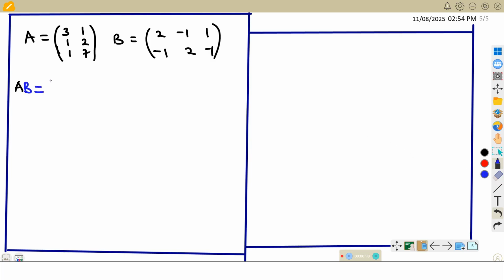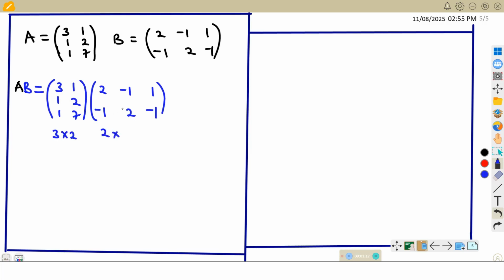So what will be AB? AB is having A, 3, 1, 1, 2, 1, 7. You multiply this together with 2, negative 1, 1, negative 1, 2, and negative 1. So this is a 3 by 2 matrix, 3 rows and 2 columns. This is a 2 by 3 matrix, 2 rows and 3 columns.